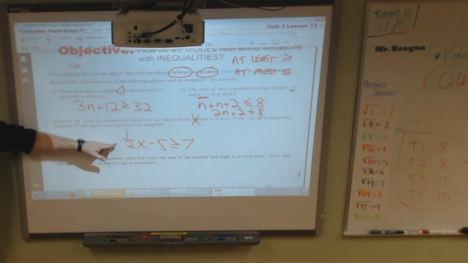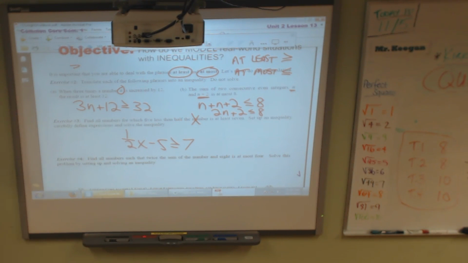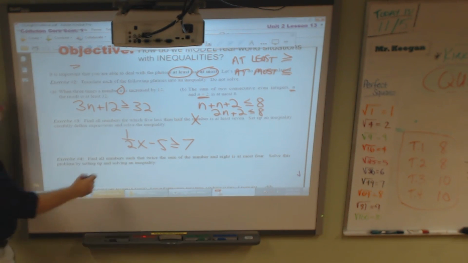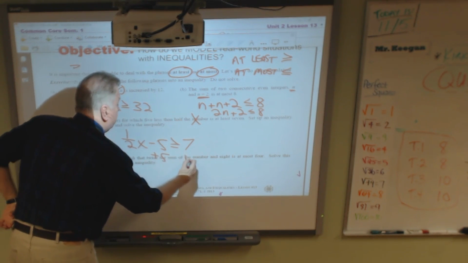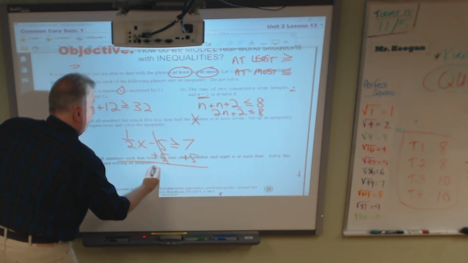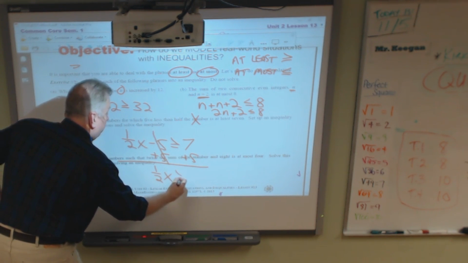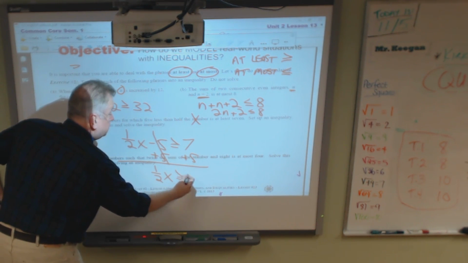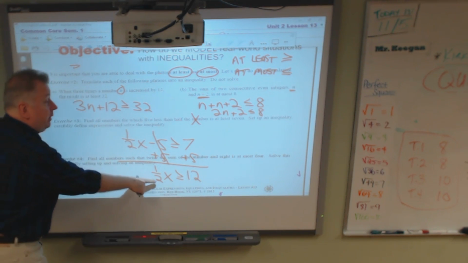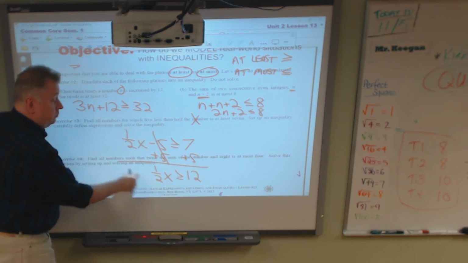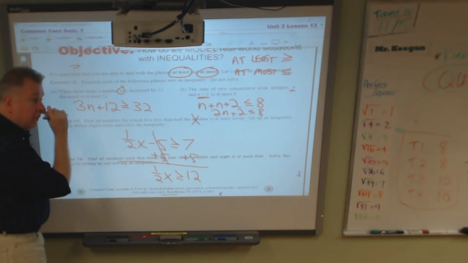All right, so here, the only difference, guys, they want us to solve this. How do we solve this? How do we get the x by itself? Plus 5 on both sides. Good. 7 plus 5 is what? 12. So how do I get rid of the half here?